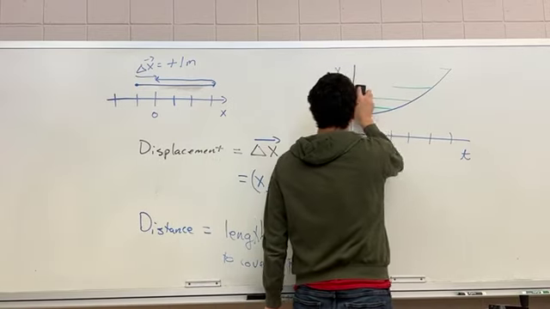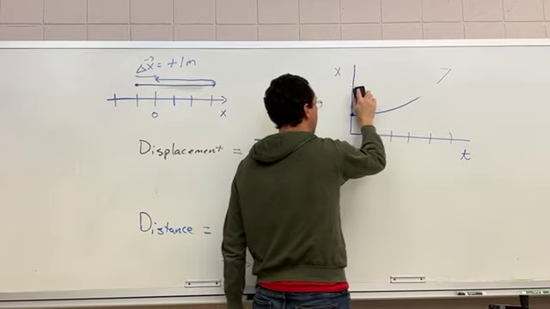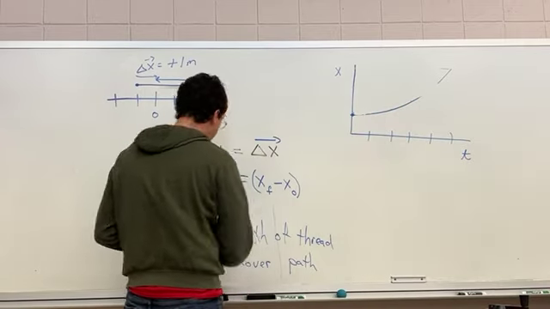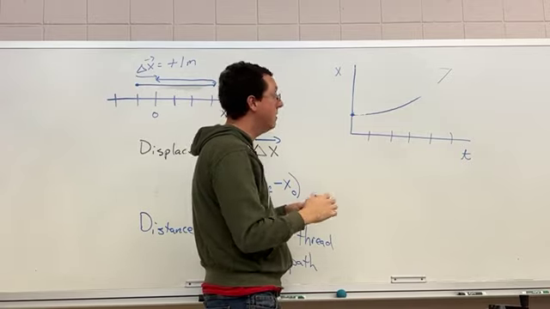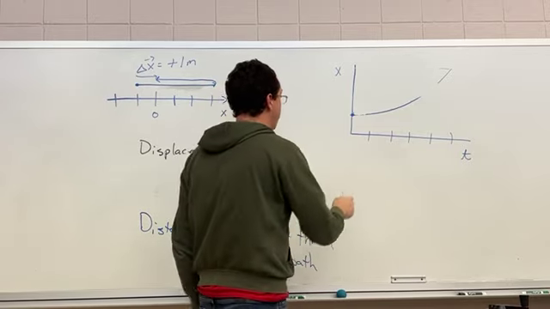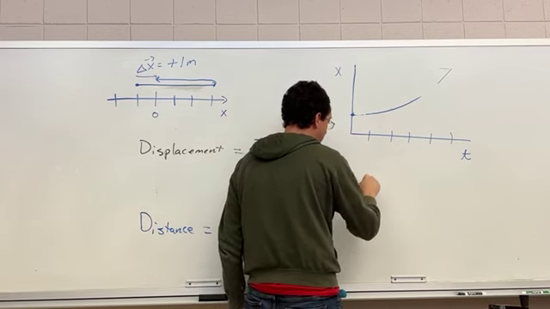Okay, so we talked about rates of change of graphs, and we're going to do that all the time. We're just going to give it a name. The key concept here is velocity.